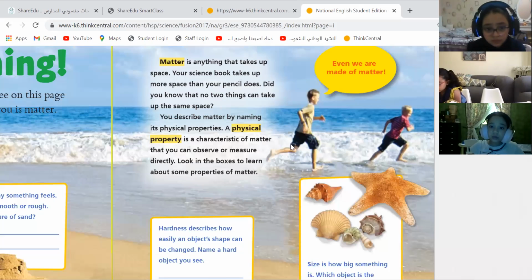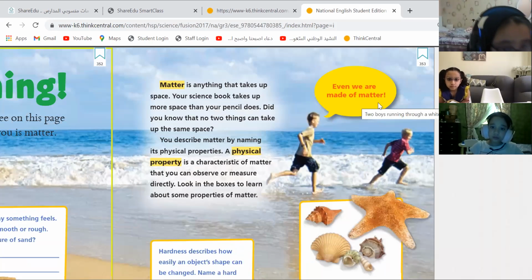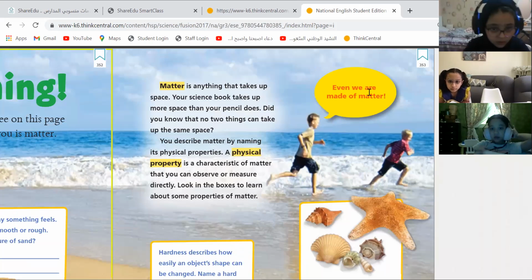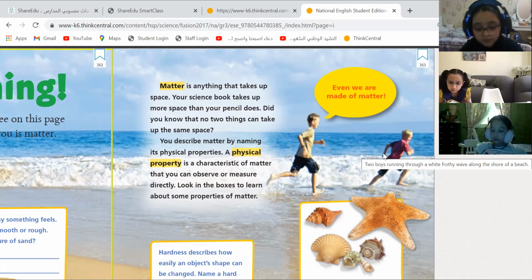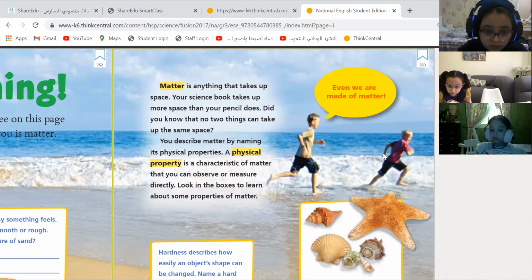Look at these two kids running beside the beach. What are they saying? So, even you, Fatuma, you are made of matter. What is matter?